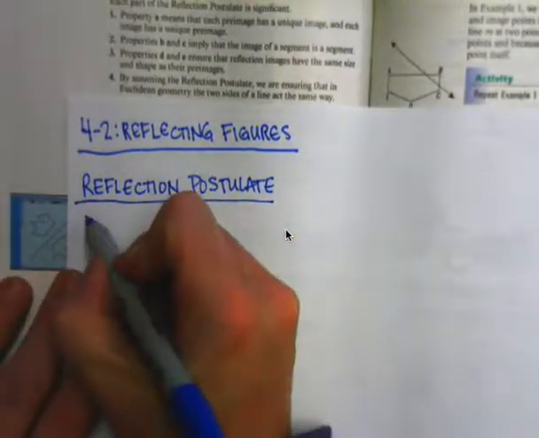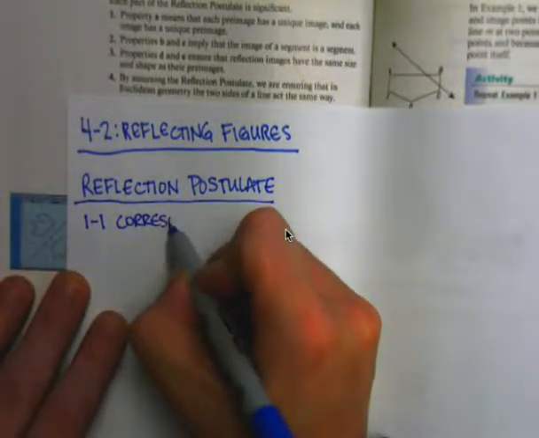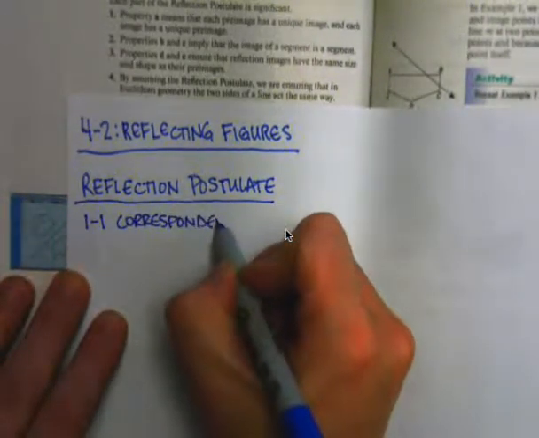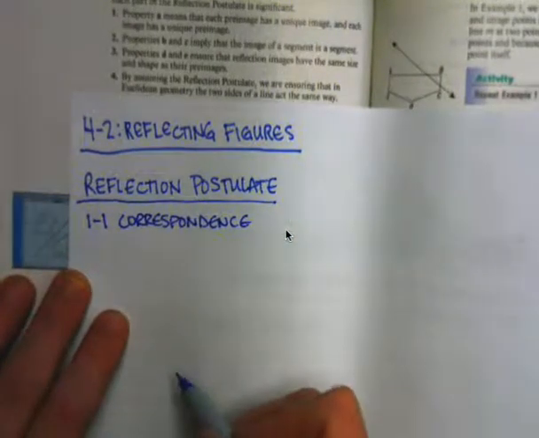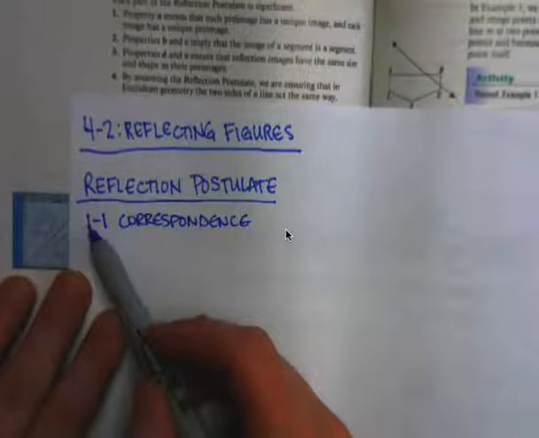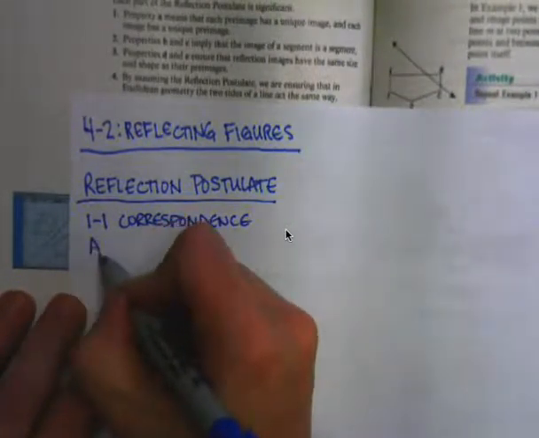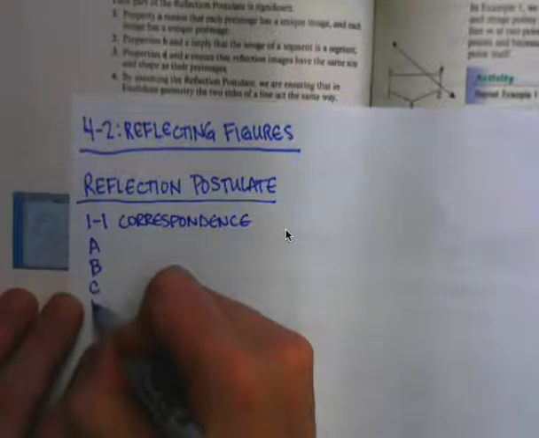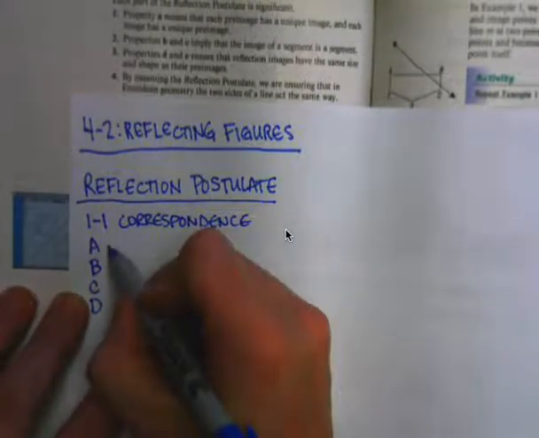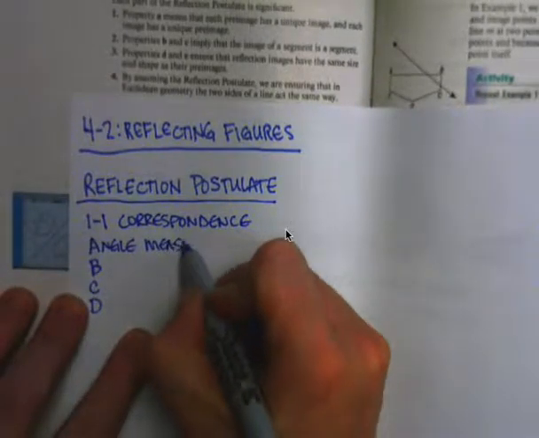And we have to remember there's a one-to-one correspondence. Which again just says if I have 1 point under the reflection, it's going to give me 1 point. Okay? Then I have A, B, C, D. A is angle measure is preserved.